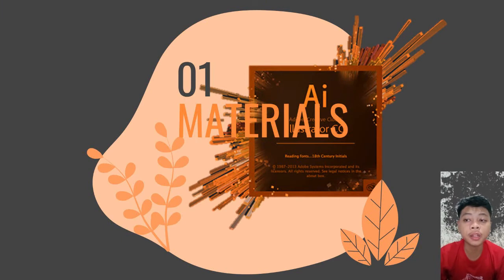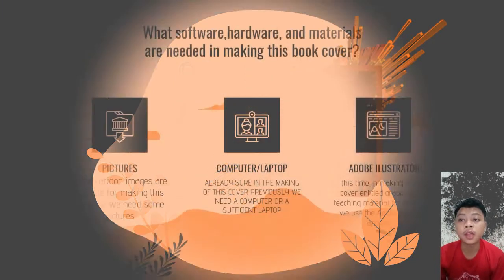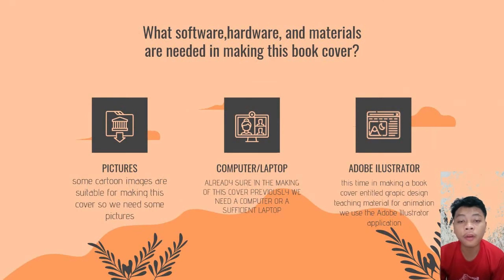First, materials. What software, hardware, and materials are needed in making this book cover? First, pictures. Some cartoon images are suitable for making this cover, so we need some pictures. Secondly, computer or laptop.